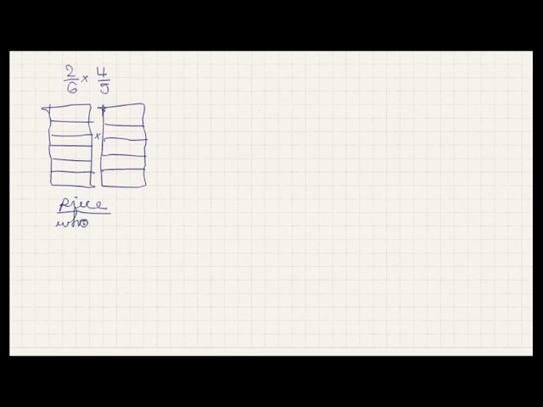A piece compared to a whole times a part compared to a whole equals the piece compared to a whole.